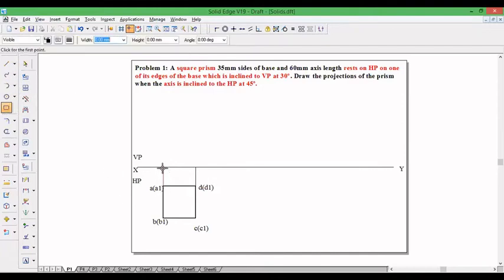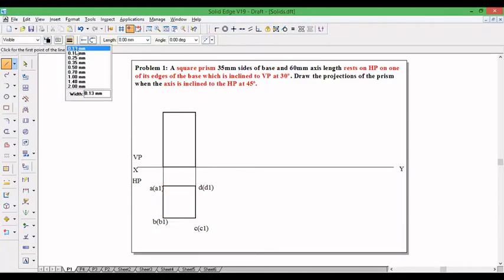To find the center, we take the midpoint of this line and the midpoint of this line, which gives us the center. So take the projection line till the XY line, change the line type to axis line and show the axis.